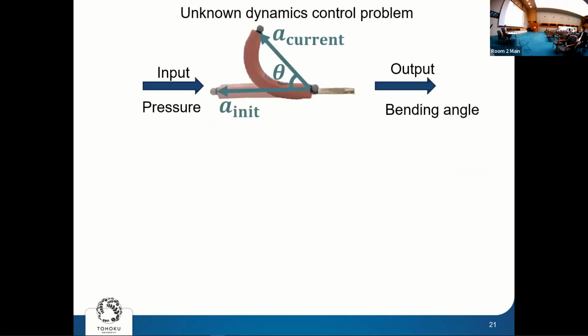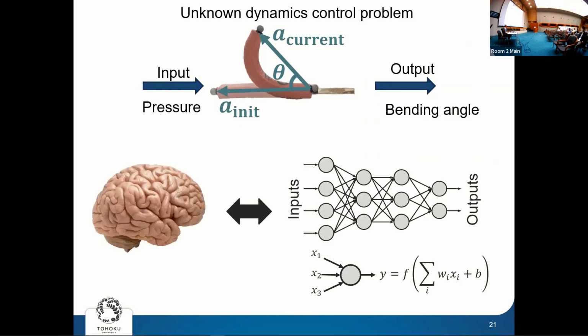The previous talk was very nice, about soft robotics, and it's true that for soft robotics it is very difficult to predict initially what the output is for the corresponding input. But by inputting many patterns of input and output, it becomes possible to create a neural network, like in the previous talk. Humans also go through such a process.